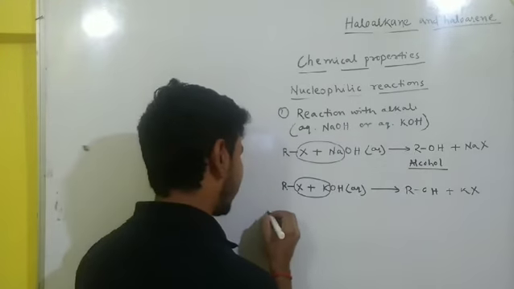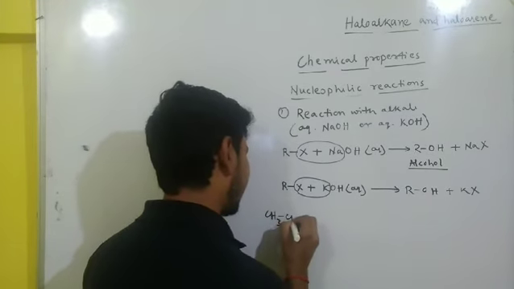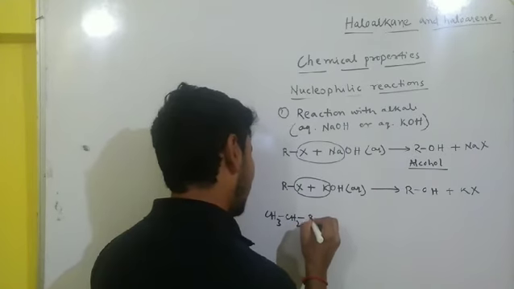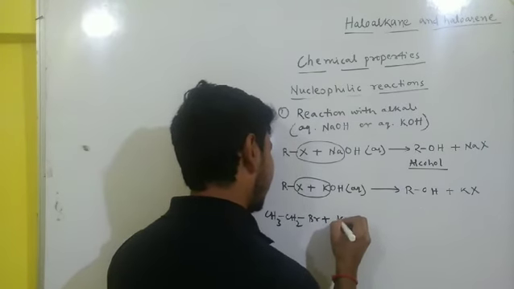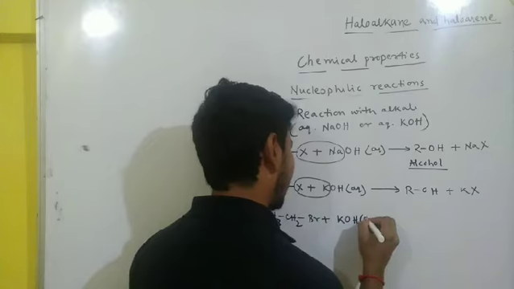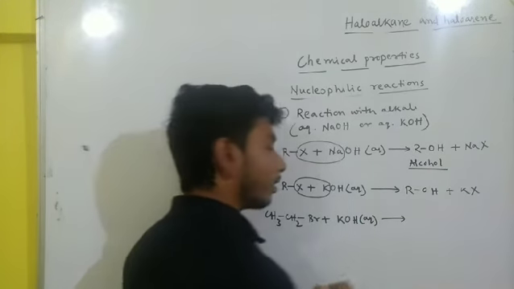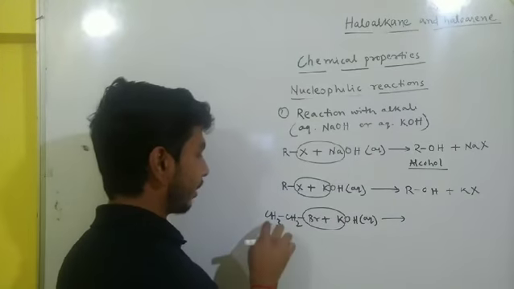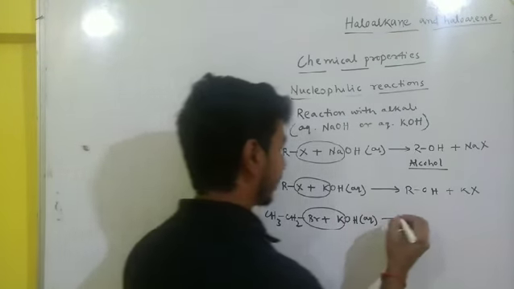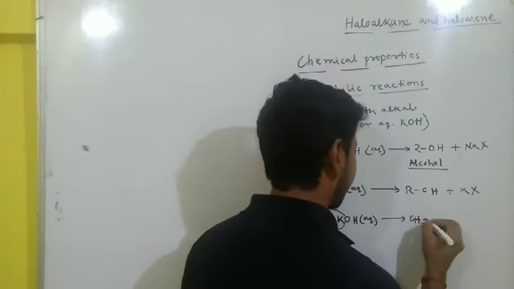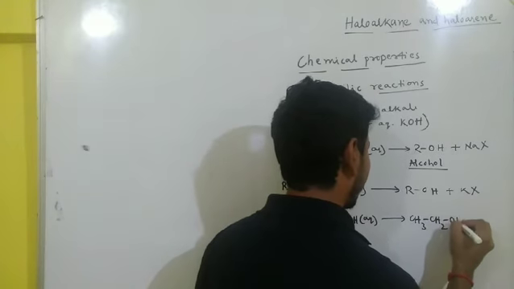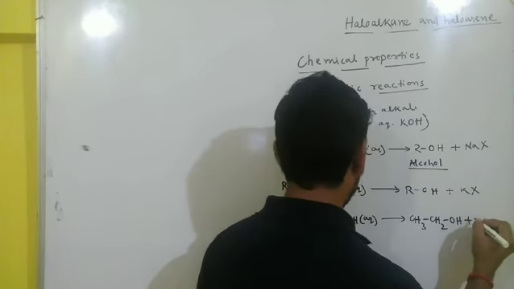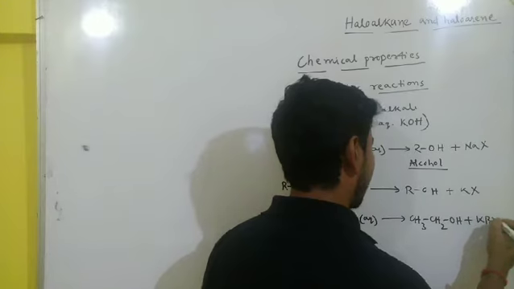Now as an example, CH3CH2Br plus aqueous KOH. What will be the product? Here KBr is eliminated, so we are getting CH3CH2OH plus KBr.